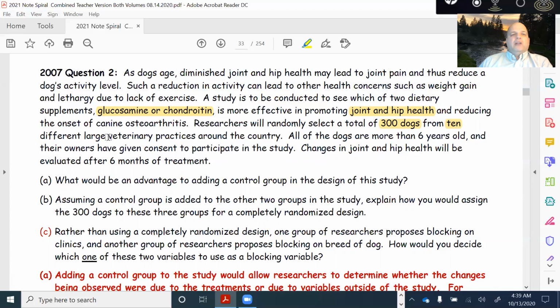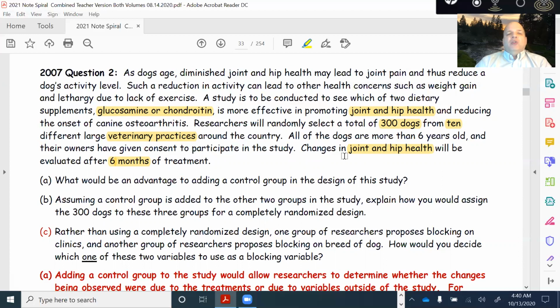So we have 10 vet practices. All of the dogs are more than 6 years old, and their owners have given consent to participate in the study. Changes in joint and hip health will be evaluated after 6 months. So we know that the experiment's going on for 6 months. And we know that our response variable, what they're comparing at the end, is joint and hip health.